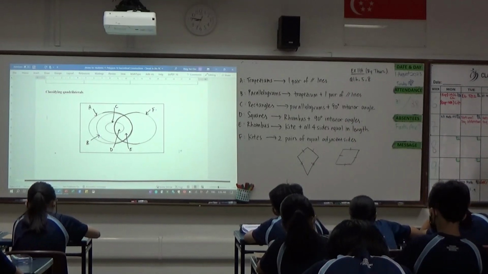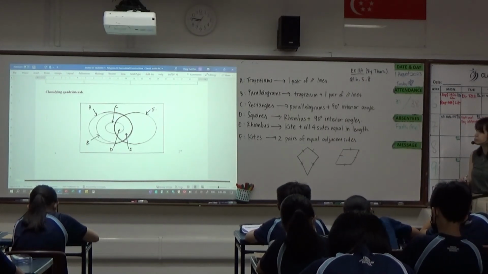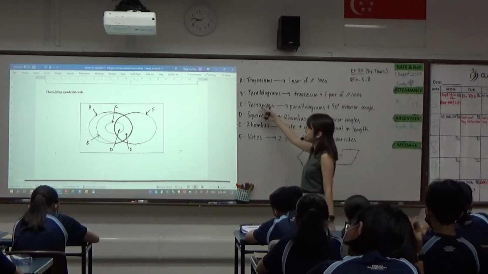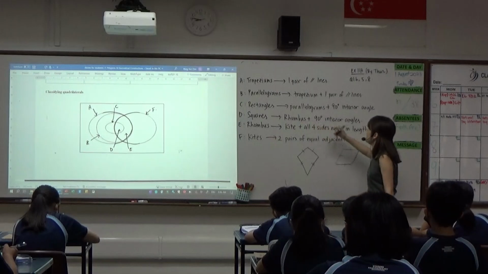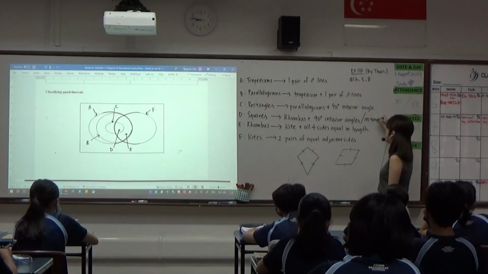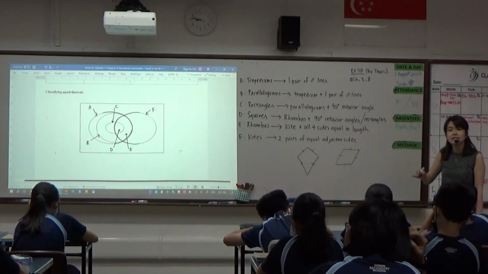But how does a square interact with our rectangles? They are actually rectangles such that all four sides are equal in length.